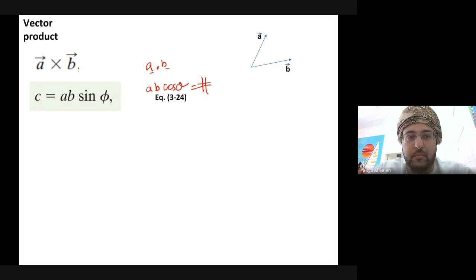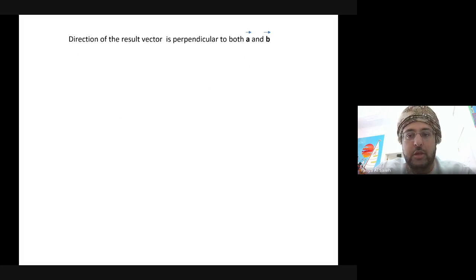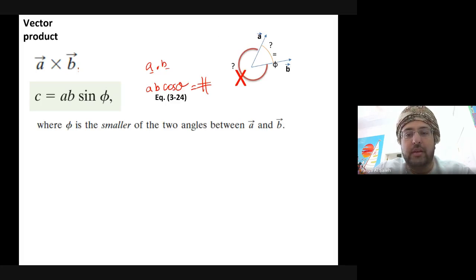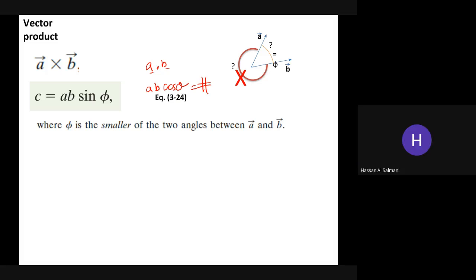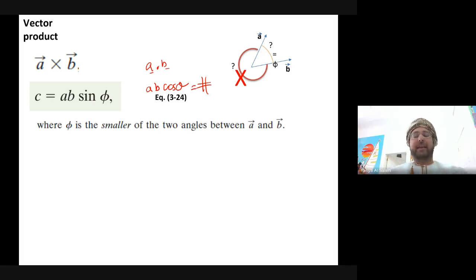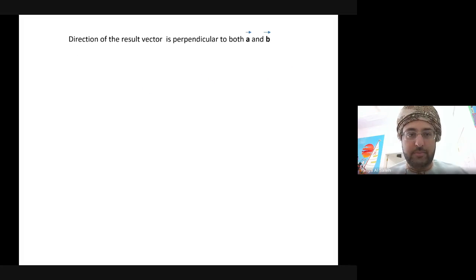So how do we go about doing A cross B? First things first, we said the result of A cross B is a vector, right? But it's not any vector. This vector has a rule, and it is mathematically proven that anytime we do A cross B, we get fixed results. The direction of the resulting vector of A cross B is at 90 degrees.